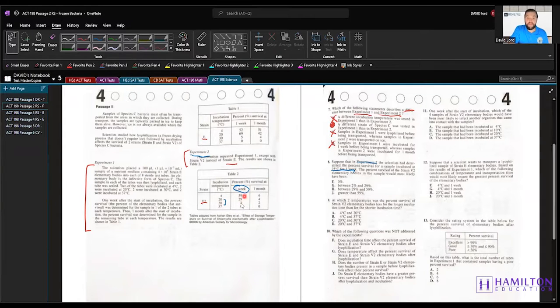So I'm going to probably guess a number, it's between 29 and 2. The percent survival of strain V2, again, which is the right strain. The elementary bodies in the sample would most likely have been between what? Well, it's between 2 and 29, so it's not 0. Definitely looks like G, not H, not J. So the G is our correct answer.